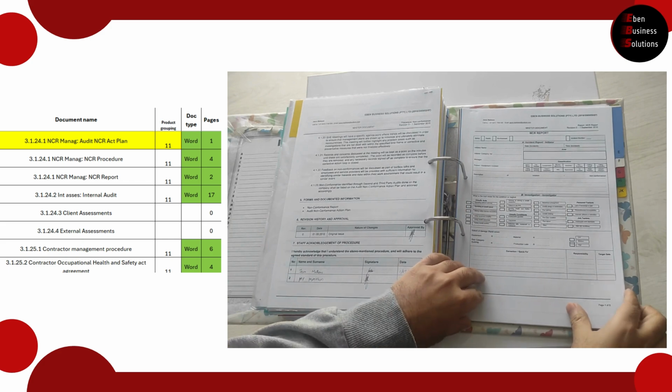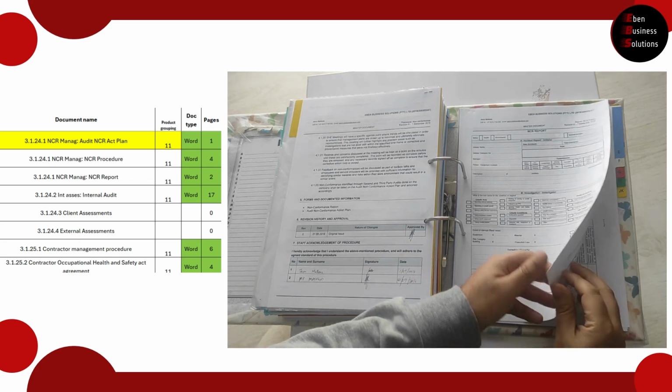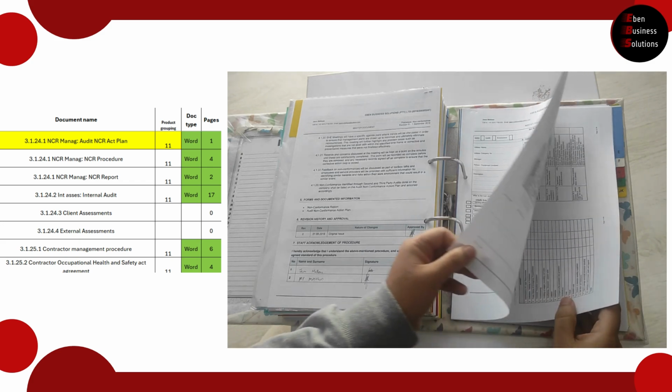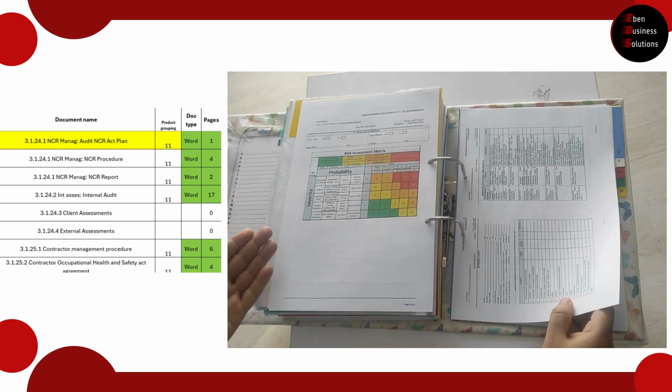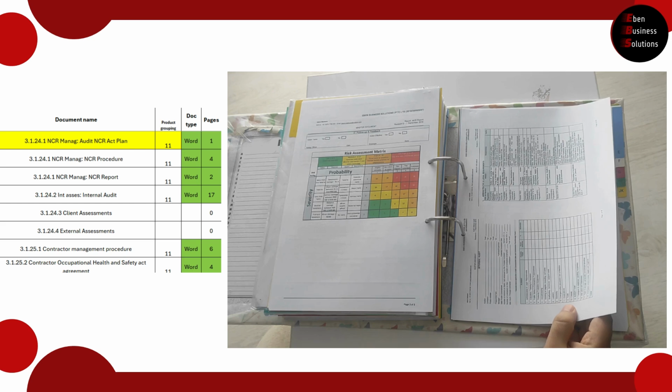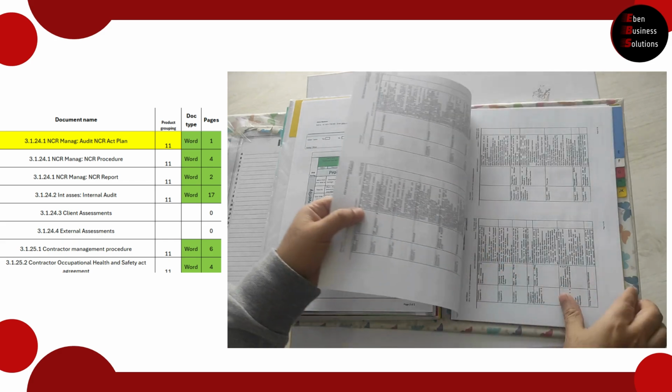And this is the NCR or non-conformance report performed by the investigator and highlighting the risk of the areas where you did not comply to the relevant governance. In some companies, an internal audit is performed by one of the employees from another department.